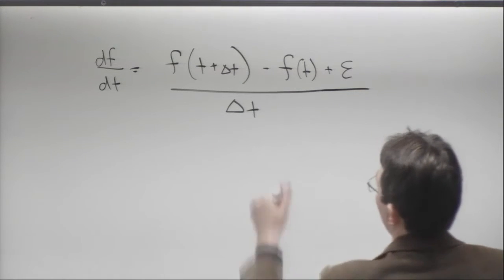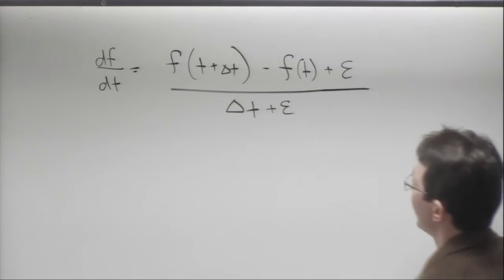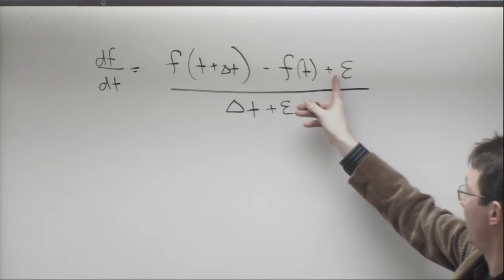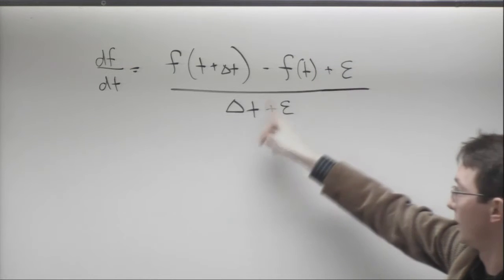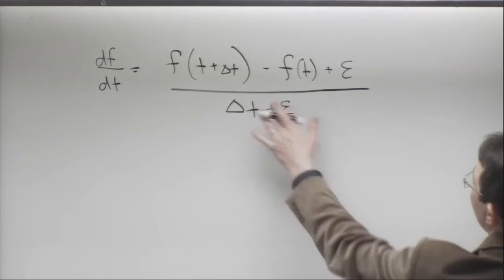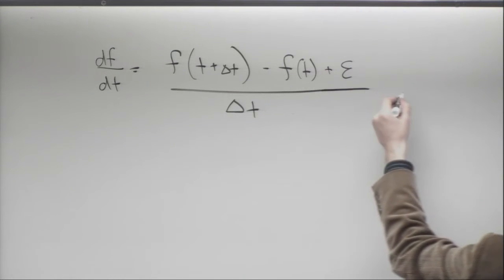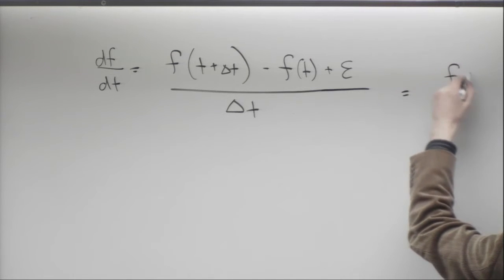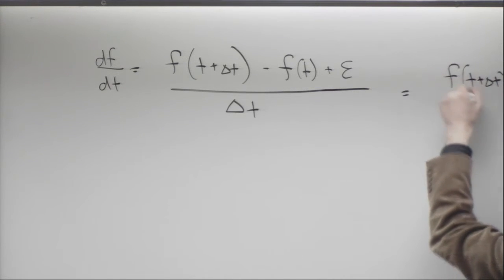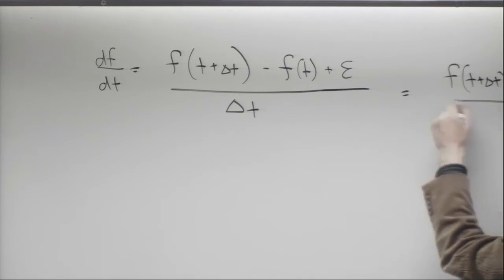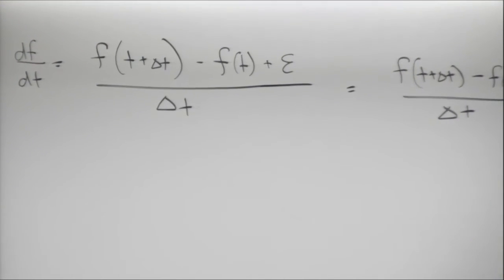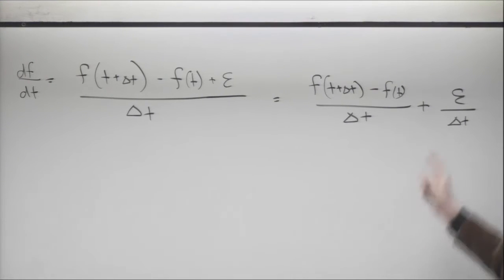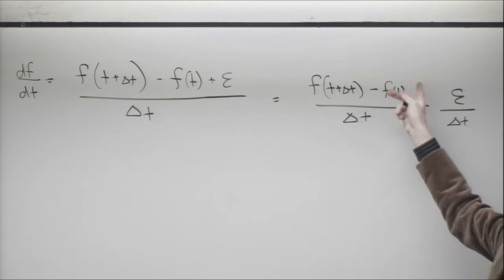Now, I'll let you work this out, but really, the only epsilon that matters is the one in the numerator, because it's getting divided by delta t. And so what we have is f of t plus delta t minus f of t divided by delta t plus error divided by delta t. This error is machine error.